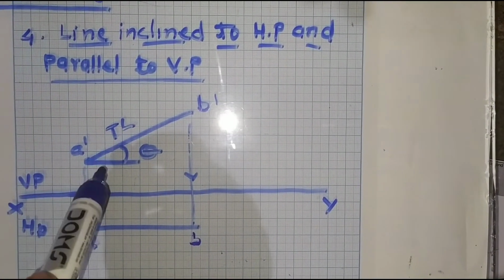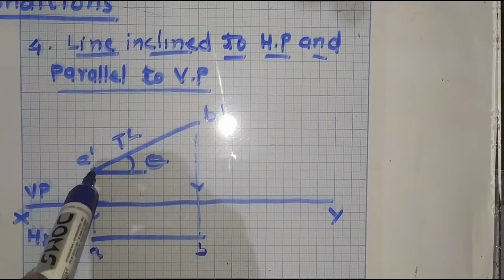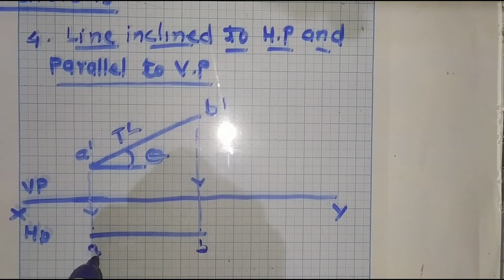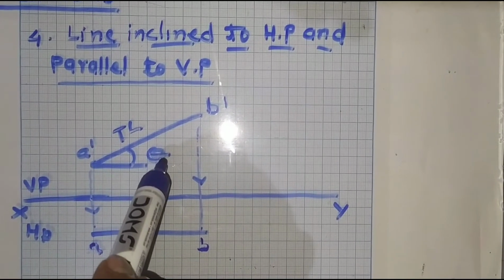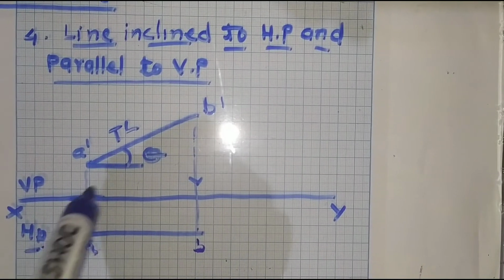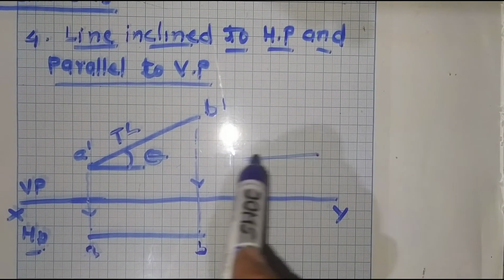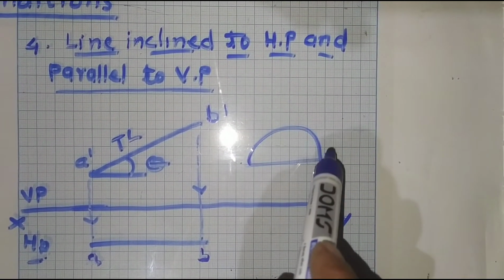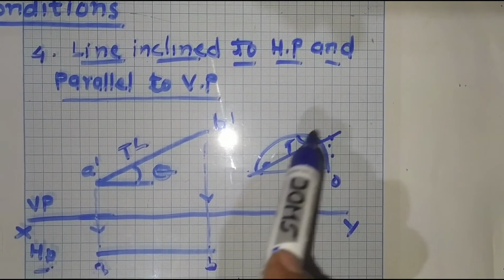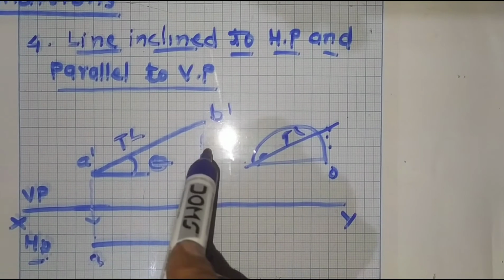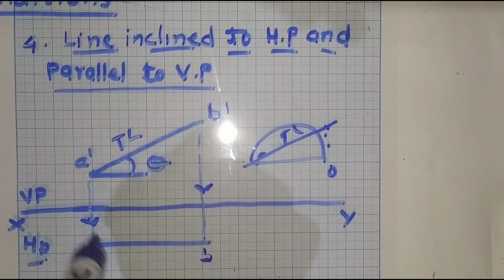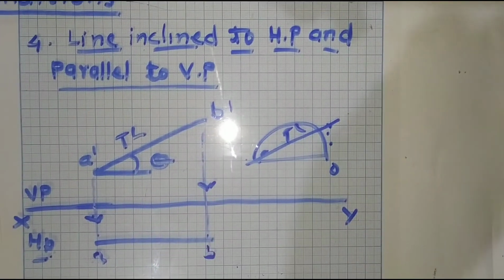In VP we have to start drawing. Here is point A above HP, and in front of VP means below. This is the inclination angle theta, with respect to which plane? With respect to HP. We take the protractor, mark the angle, take the true length and draw the line. Then we draw the parallelism with respect to VP.